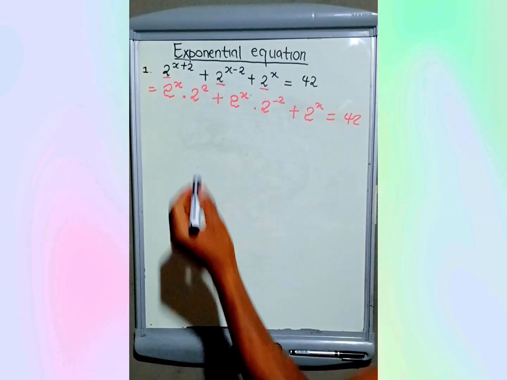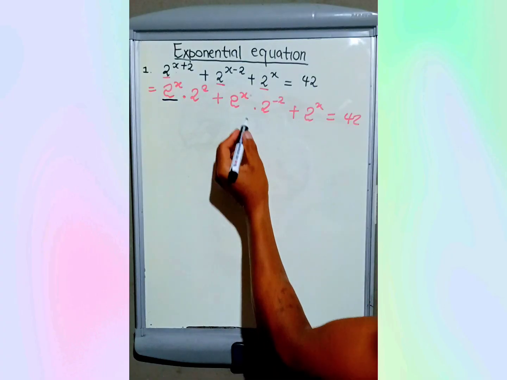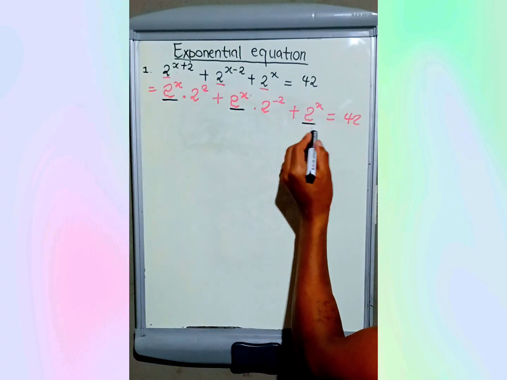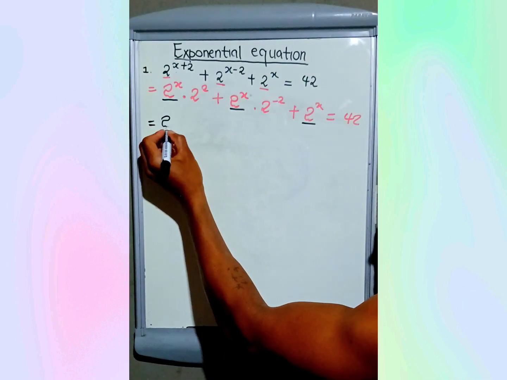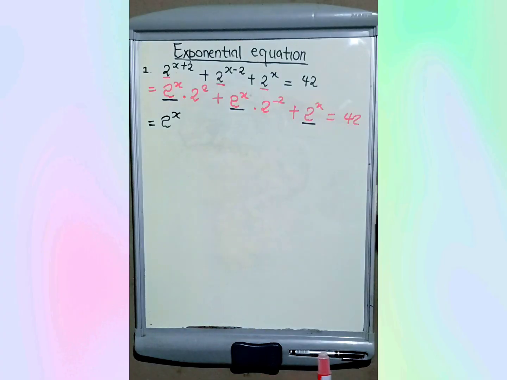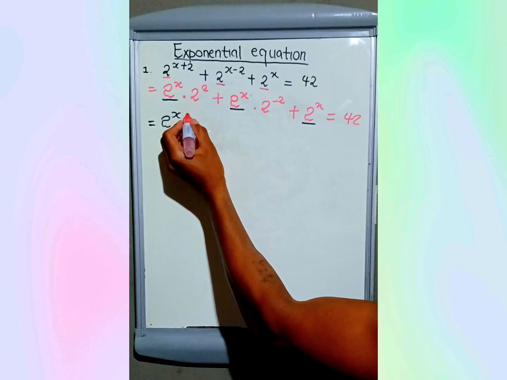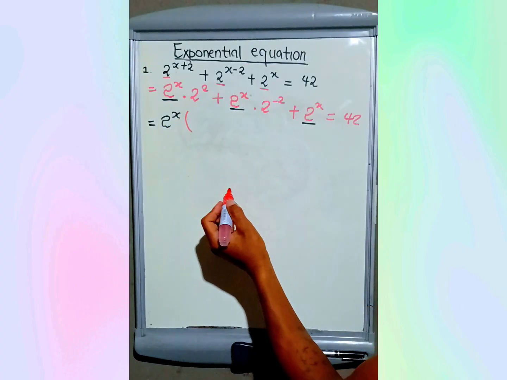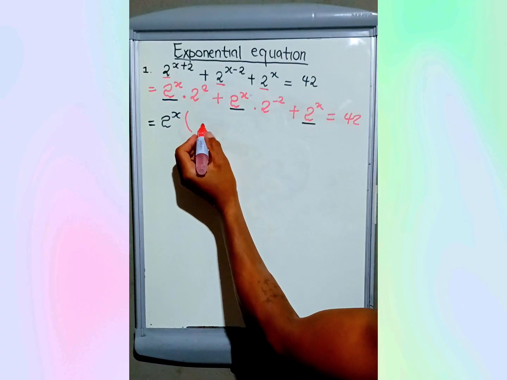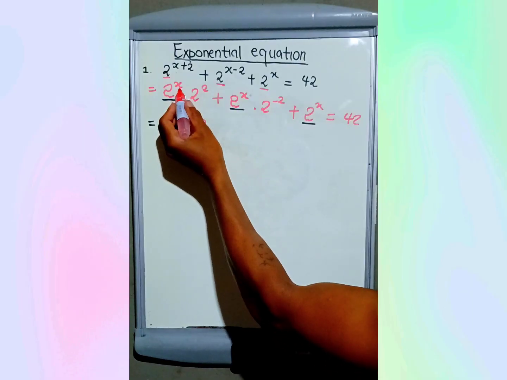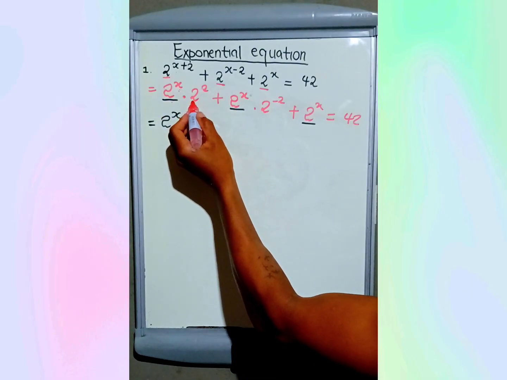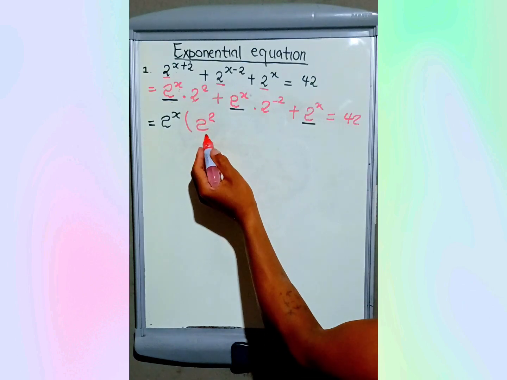We see that 2 raised to x is common in each term. When taking out the common factor, we write 2 raised to x, and after that we write the remaining. What remains when I take out 2 raised to x is 2 raised to 2.